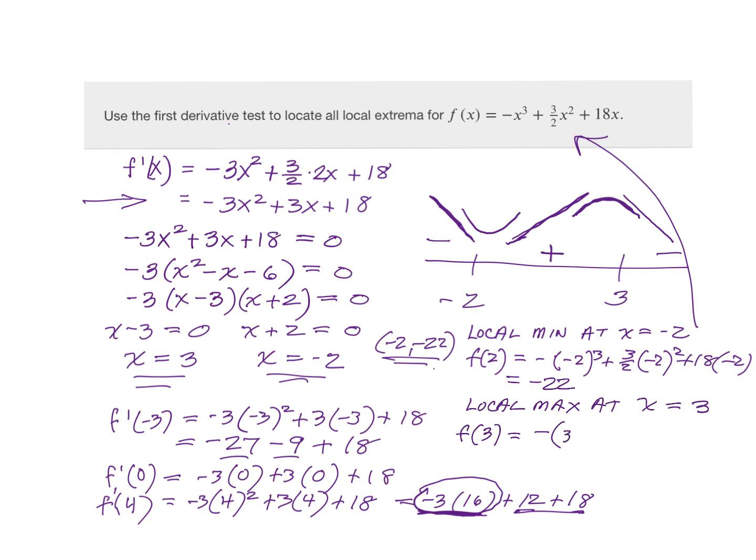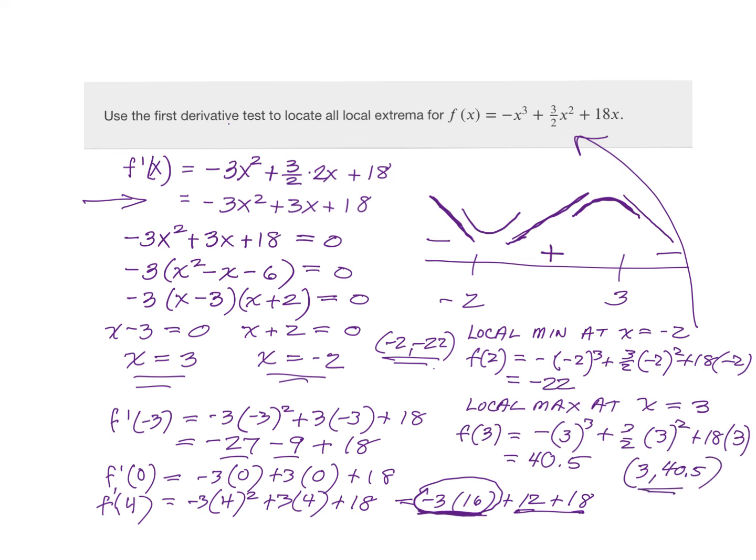So we have 3 cubed plus 3 halves times 3 squared plus 18 times 3. And if you make that calculation, it is 40.5. So again, we have a local max at x equals 3, and its value is 40.5, and it corresponds then to the point (3, 40.5). You would see this point on your graph.